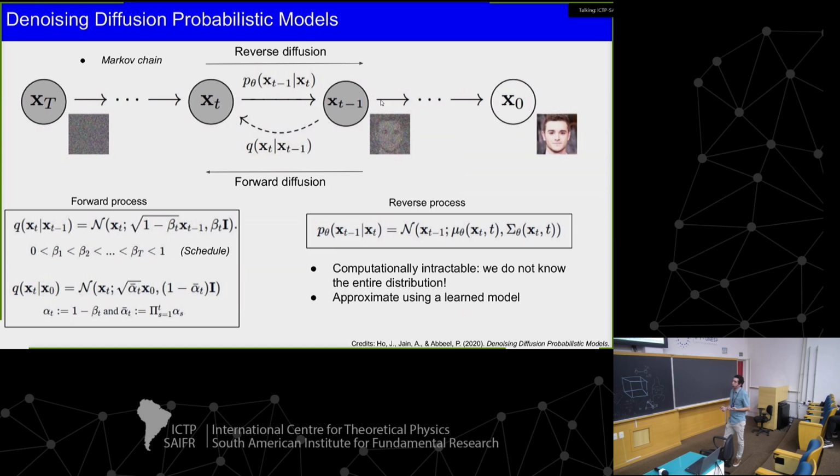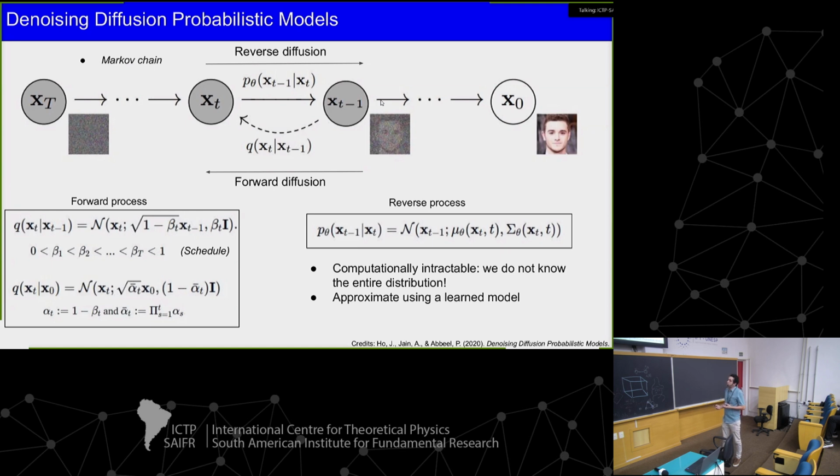But if your schedule, the beta t here, is very low, close to 0, you are basically sampling from xt minus 1. But if your beta t is very high, close to 1, this will be close to 0, and you are basically sampling from a random Gaussian distribution.